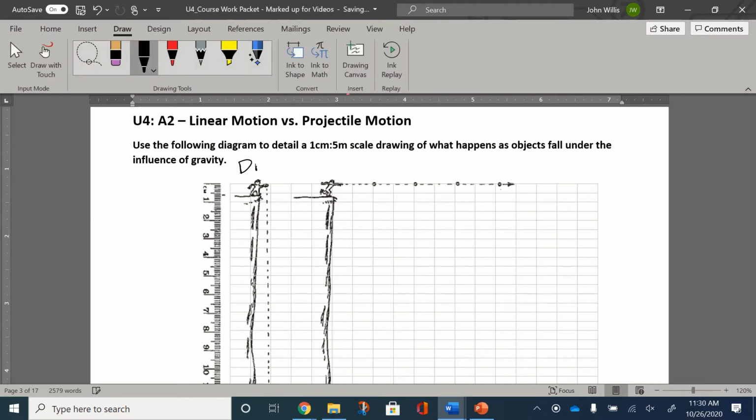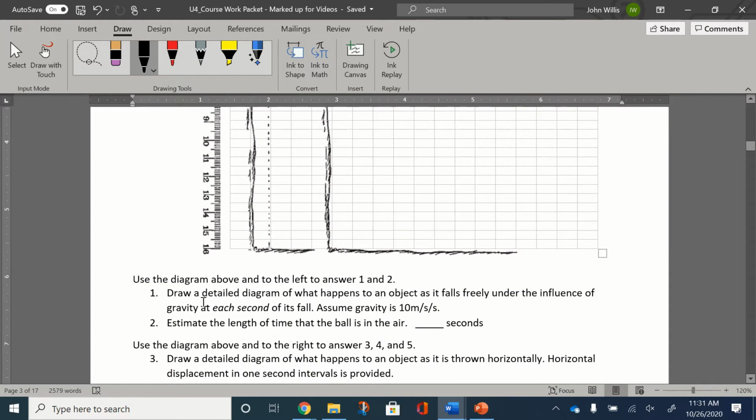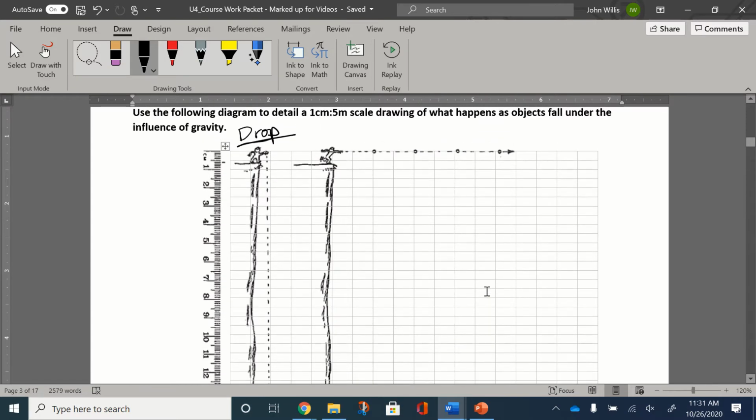In our first example, we're going to talk about what would happen if someone dropped a ball, a rock, whatever it might be, and allowed it to fall. Each second it falls, it's going to cover a slightly different distance, and we want to draw that detailed diagram of what it would look like as it's falling freely under gravity's influence each second.